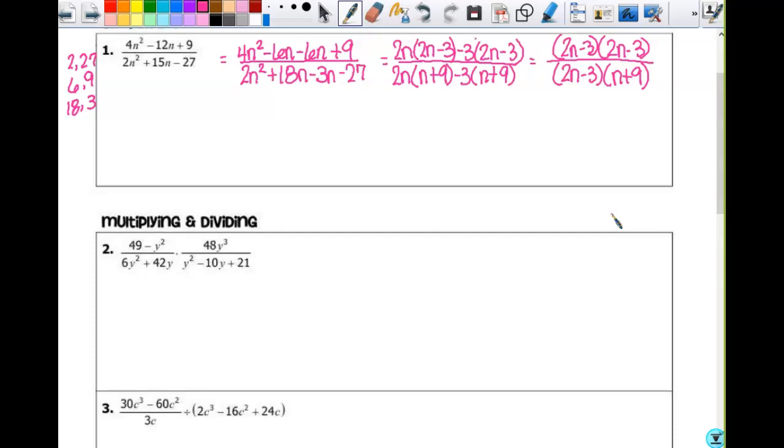Now that I've factored them both, can I reduce something? Yes, because these two are being multiplied, so I can cancel those out. I'm left with 2n minus 3 over n plus 9. Can I cancel my n's out? No, big fat no. That is my answer.